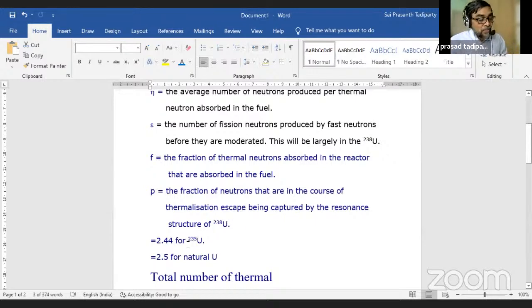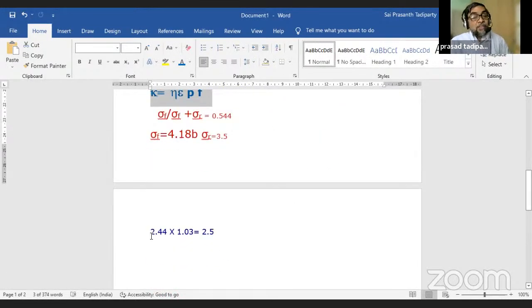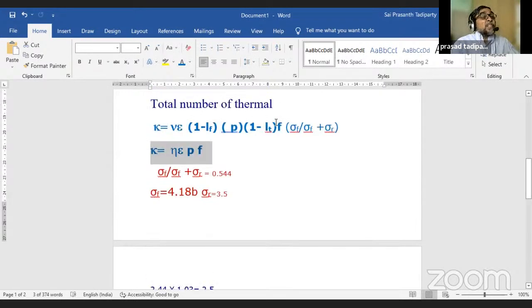So these are the only four final important factors you are left with, where we consider LT and LF to be 0.